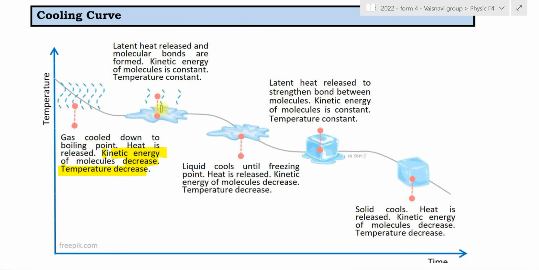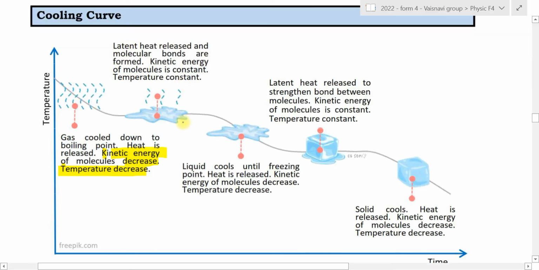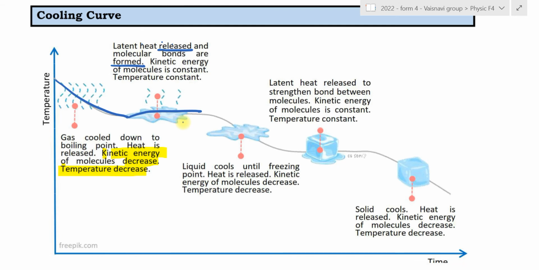Then here it becomes condensation, from gas to liquid. So for latent heat, be careful, you need to use release, and molecular bonds are formed, not broken or weakened. Kinetic energy of the molecule is constant, temperature constant.